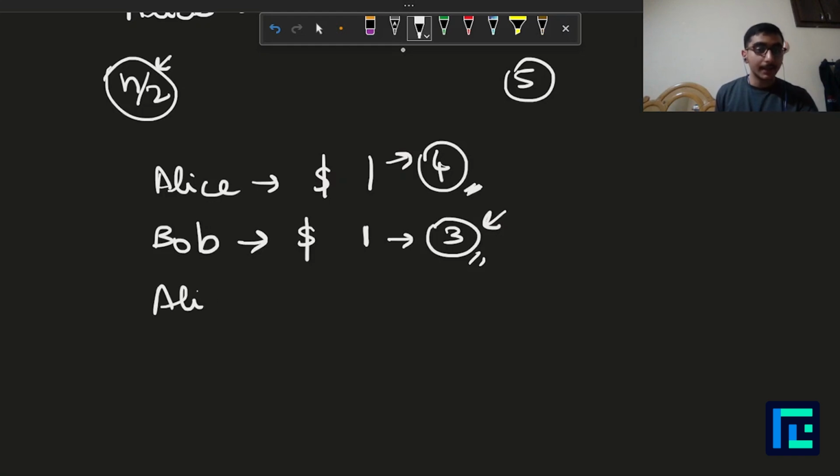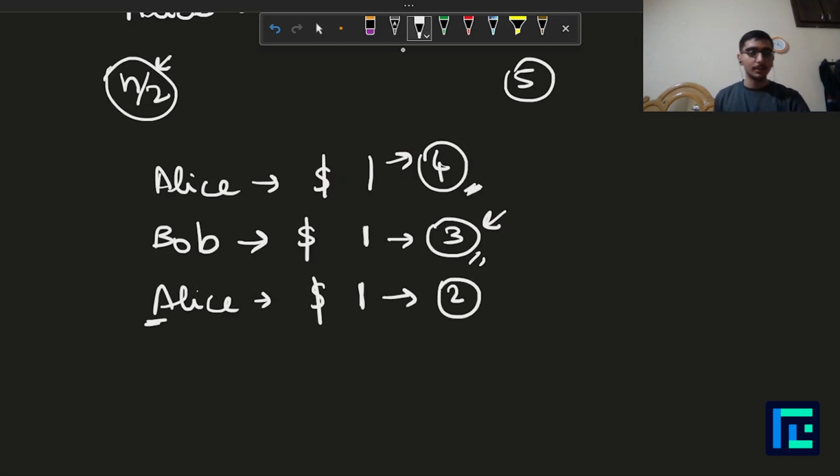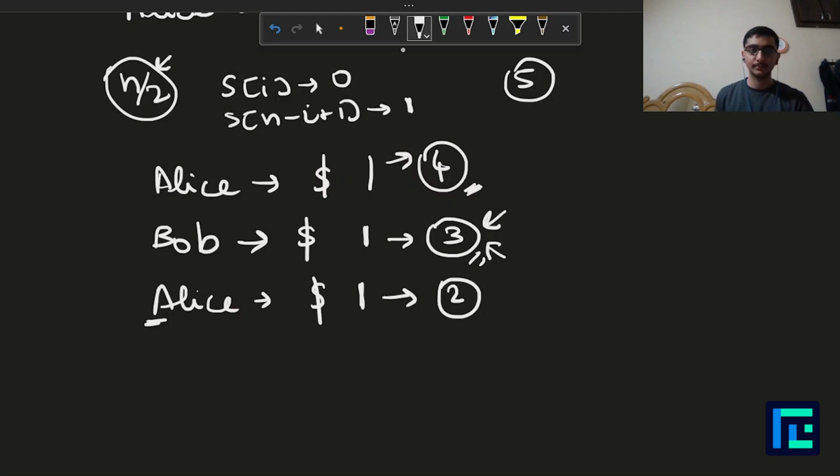So Alice can choose some 0 such that the string again becomes a palindrome. Can't she? Because as I said, there is no middle 0 for now, and we have an odd number of zeros. So that means at least for 1 0, it is the case that S of I is 0 and S of n minus I plus 1 is a 1. Right.